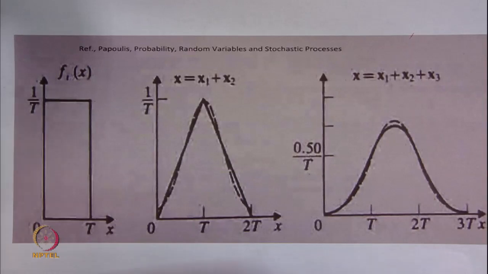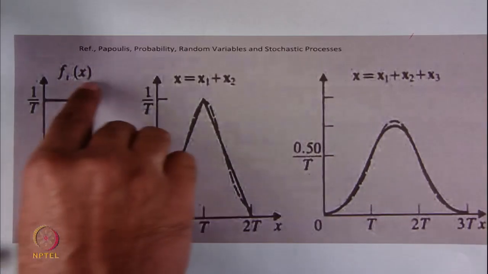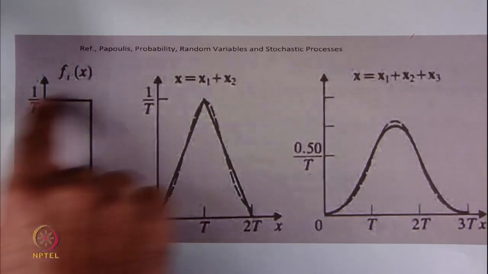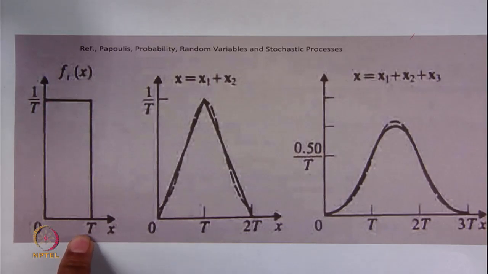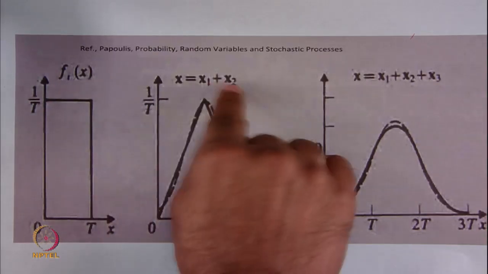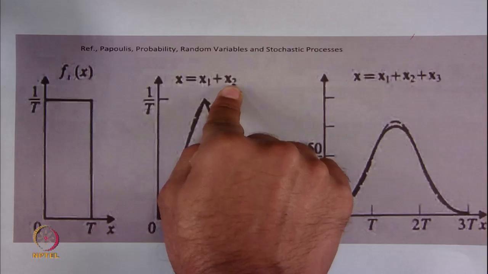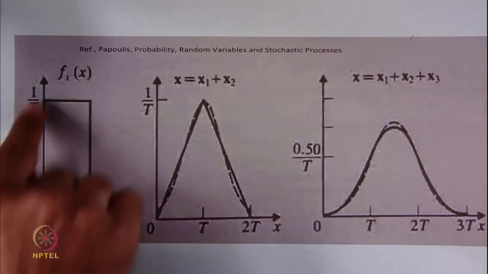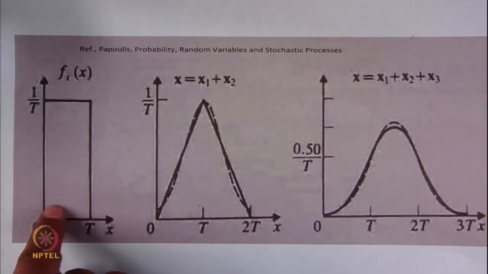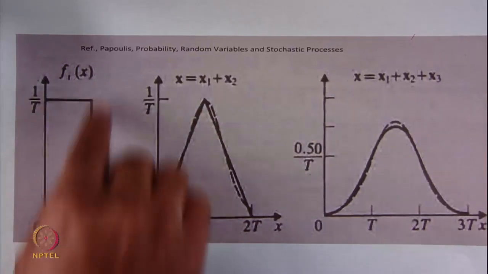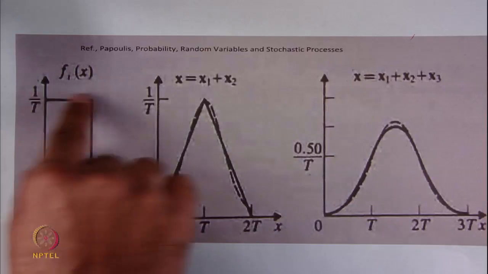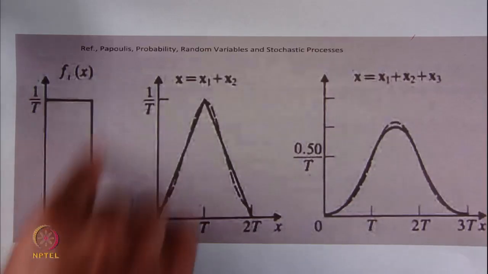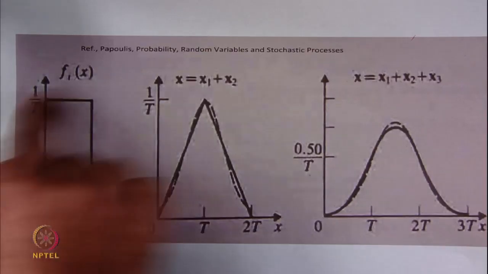Let me assume that I have a uniformly distributed random variable, and I have summed up two such random variables. What I end up with is a density function like this. So, if you take a convolution of a rectangle, you get a triangle. This is from the basic course in signals and systems. So, I have a uniformly distributed probability density function, uniform within a range.